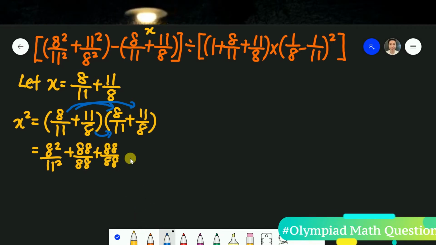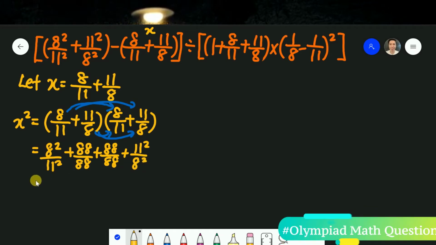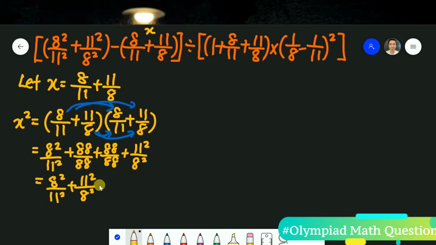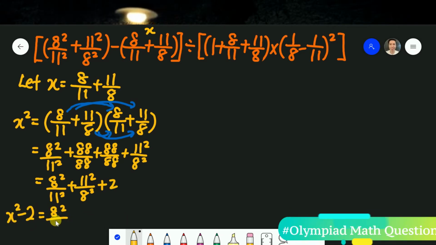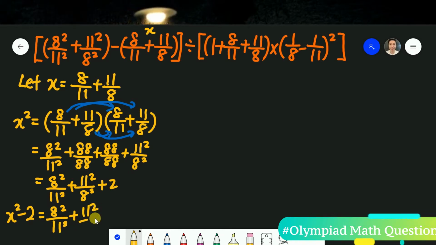The last part is 11 squared over 8 squared. Simplifying, each 88 over 88 becomes 1, so the two of them make 2. I write 8 squared over 11 squared plus 11 squared over 8 squared plus 2. We can move this positive 2 to the left-hand side, so x squared minus 2 equals 8 squared over 11 squared plus 11 squared over 8 squared.